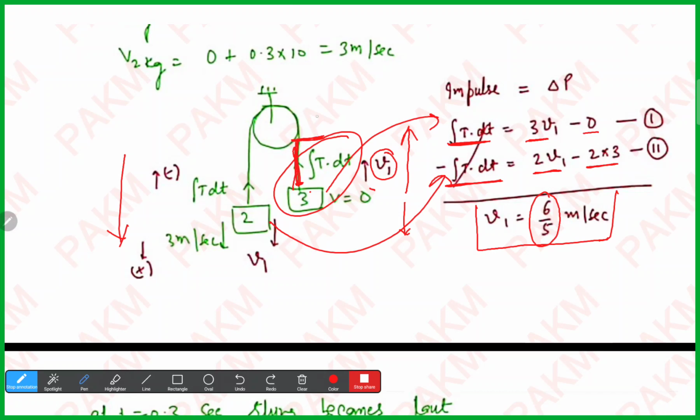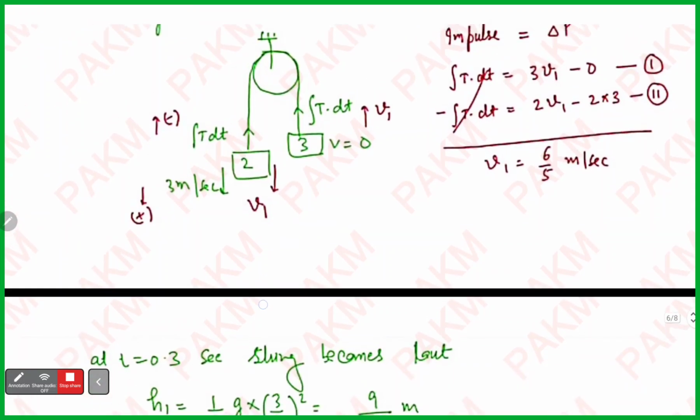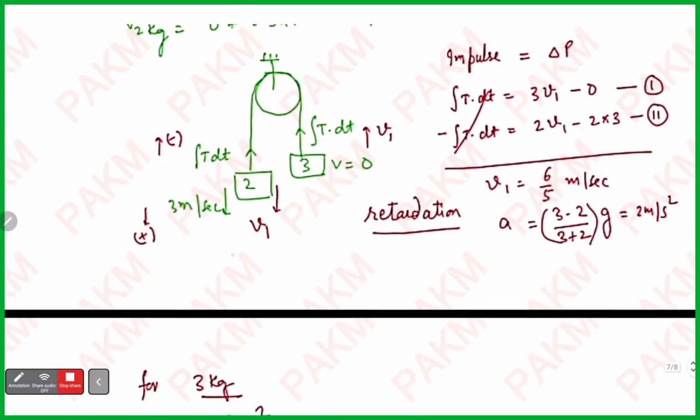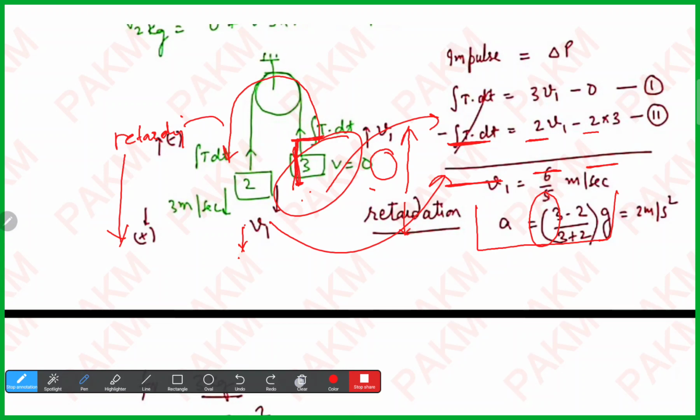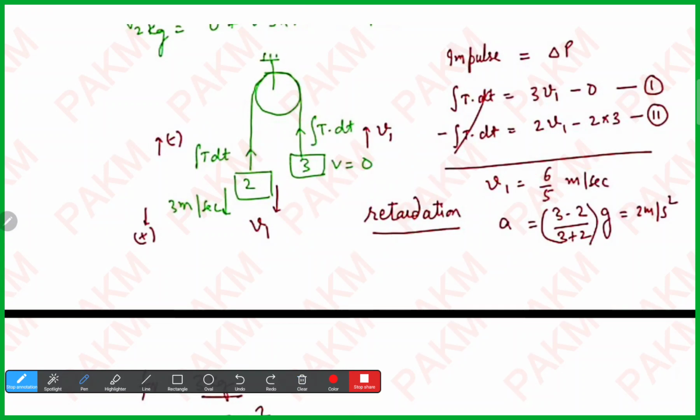at some instant of time, because the 2 kg and 3 kg are moving together. So this is like a retarding motion here. Retarding motion means block 2 will start decreasing its velocity, and likewise the 3 kg as well. Fine. So here we can say once we calculate the common acceleration, it will actually become common retardation once the string gets taut.